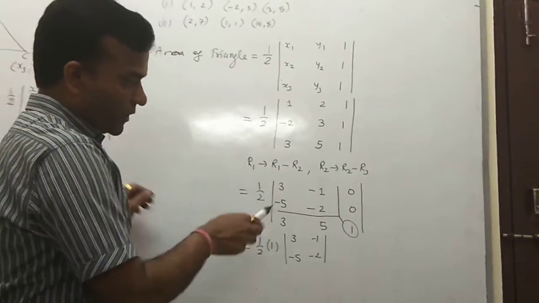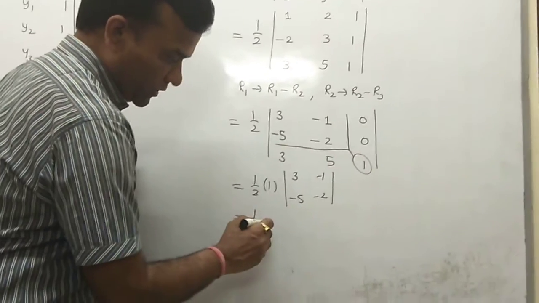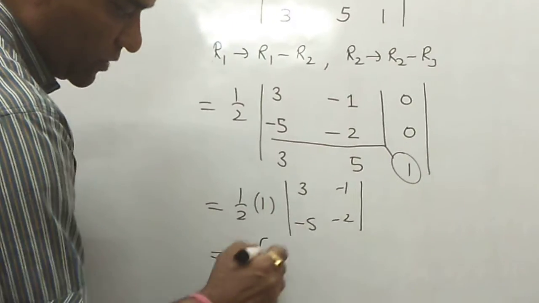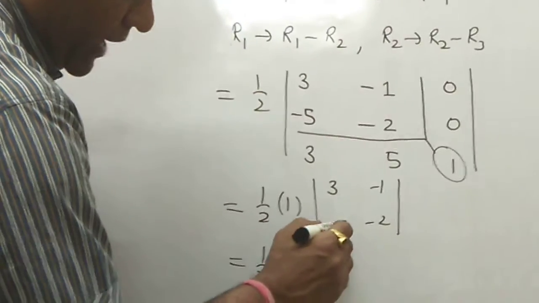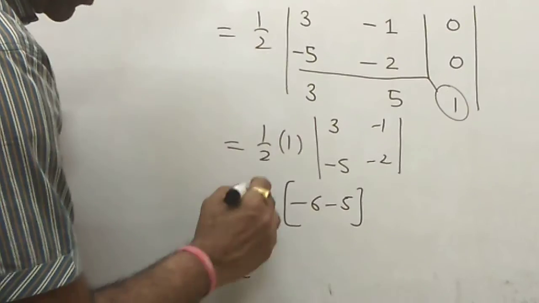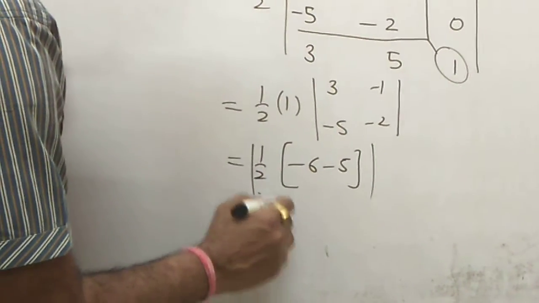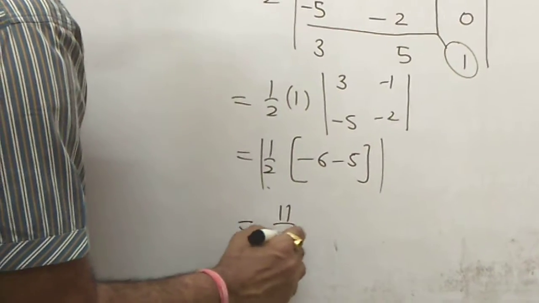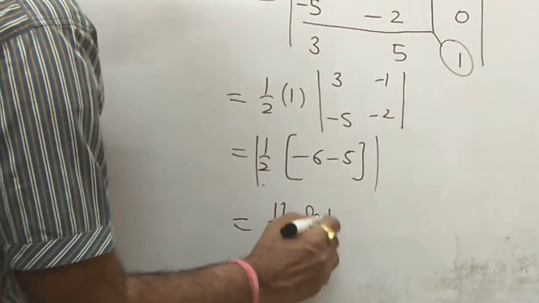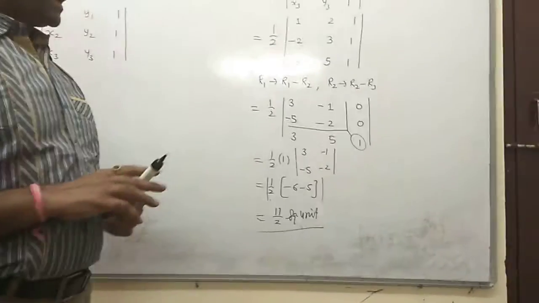After the operation you convert the whole value to 2 by 2 and then simplify: 3 times minus 2 is minus 6, and minus minus again gives the minus sign, so minus 5, giving minus 11. You put the mod sign because the inside value is negative and area is not negative, so the answer is 11 by 2 square units. Okay, so that is very easy.